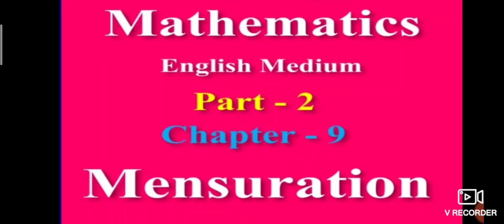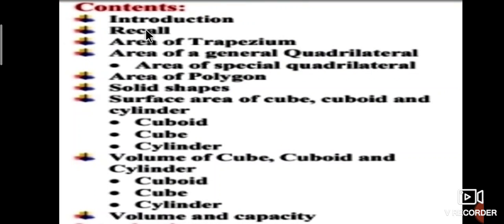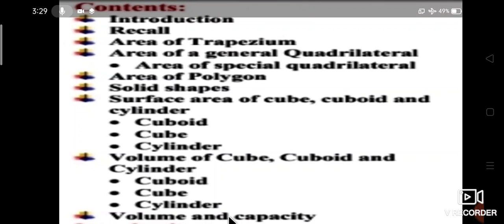Okay, dear students, in mensuration we are discussing the following content: introduction, recall, area of a trapezium, area of a general quadrilateral, area of a special quadrilateral, area of a polygon, solid shapes, surface area of cube, cuboid and cylinder, volume of cube, cuboid and cylinder, and volume and capacity.